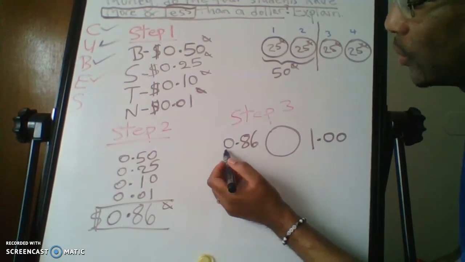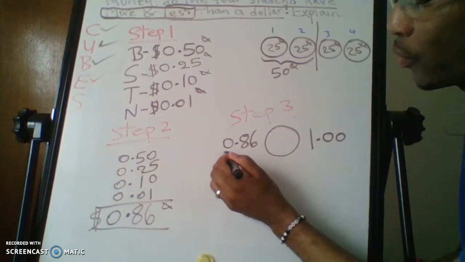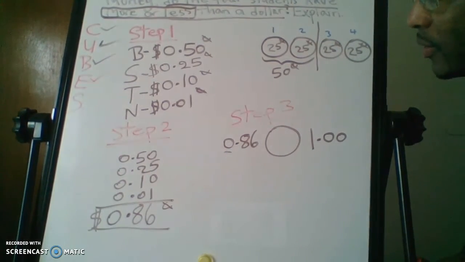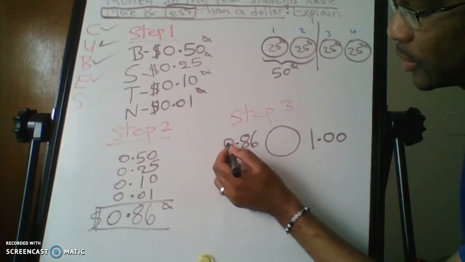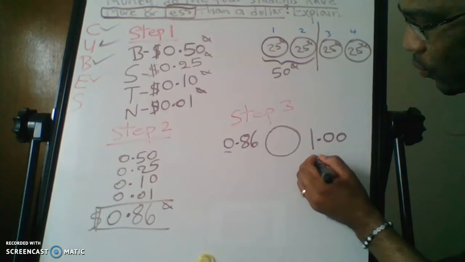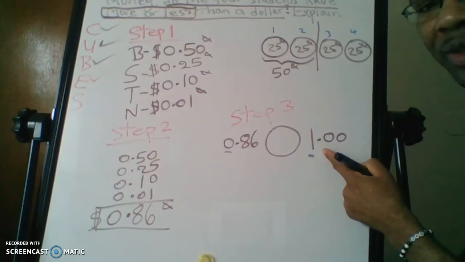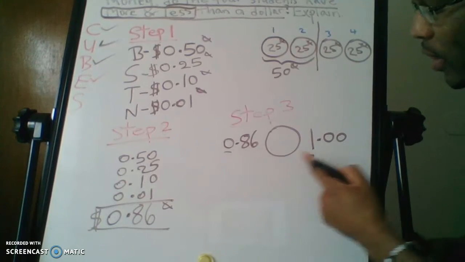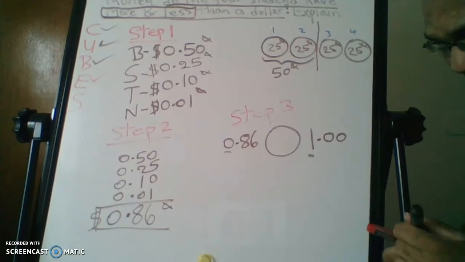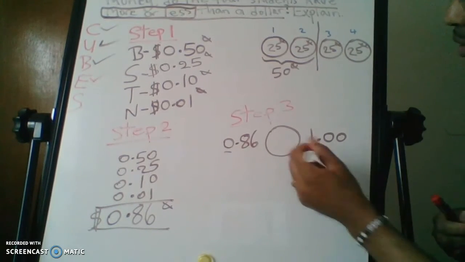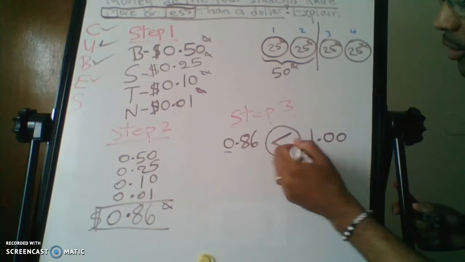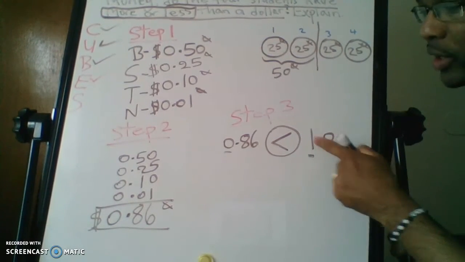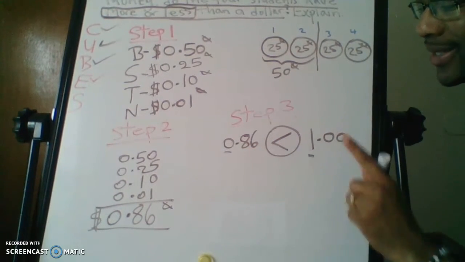This is the ones place. The value in the ones place is 0 over here. This is the ones place, and the value is 1. 1 is greater than 0, so I know that this number is greater. 1 is greater than 0.86.